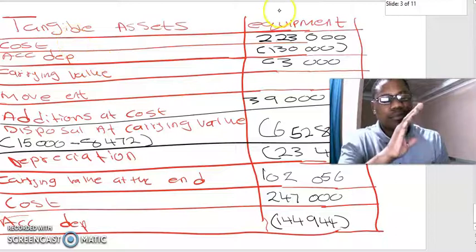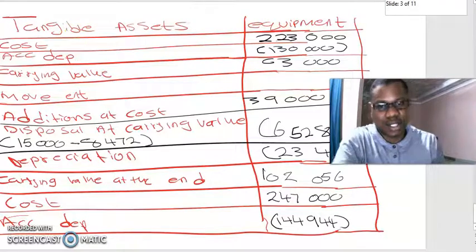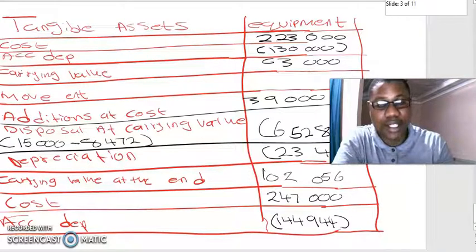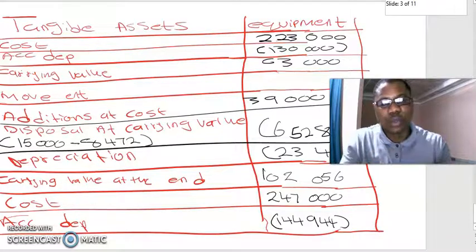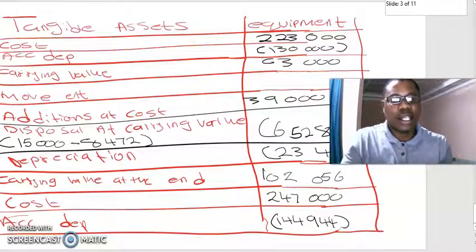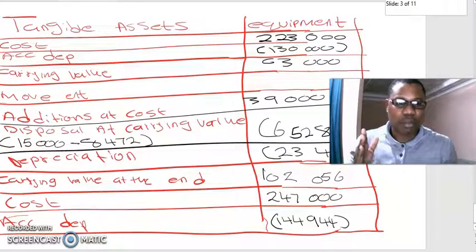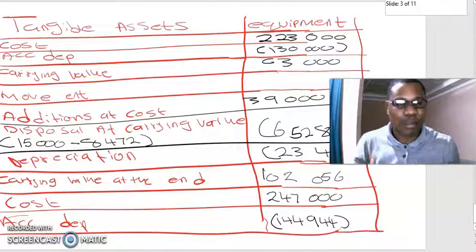Okay guys, what is important about this note? I don't want to lie, and it applies everywhere in accounting: what is important here is for you to know the format. The format in accounting never changes. You do the income statement, you do the balance sheet, the format is the same.